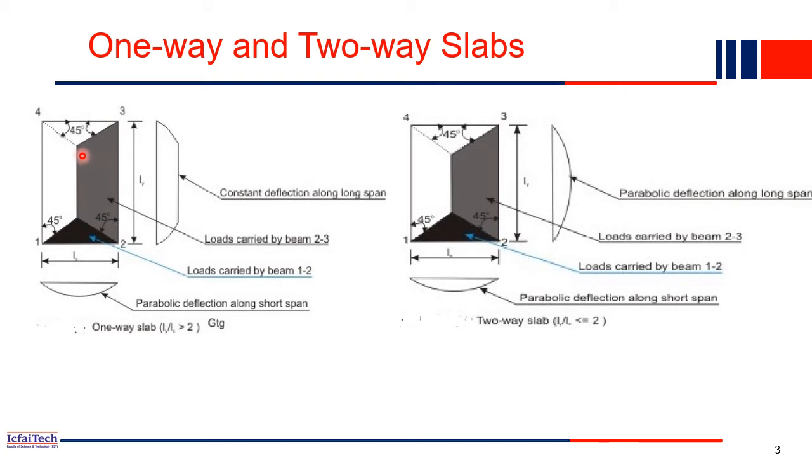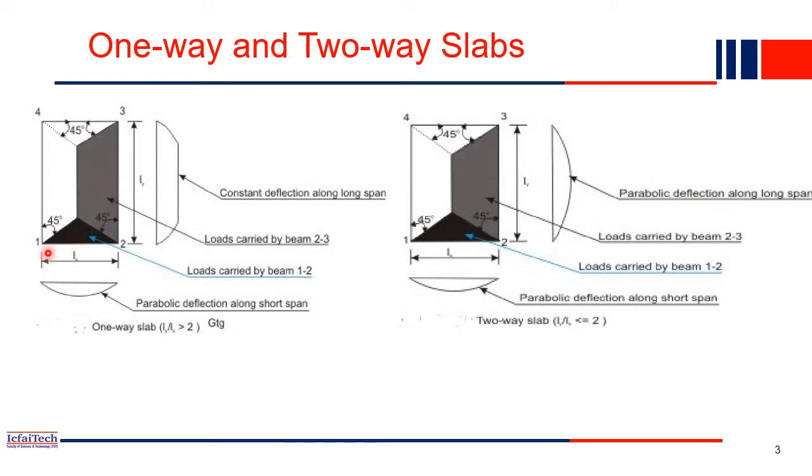When the load is applied here, basically what happens? The slab will deform, right? Slab deformation will take place. So now it has two directions, right? X-axis and Y-axis. Now you understand that in the shorter direction beam, only the triangular portion load is coming, whereas along the longer edge of the slab, the trapezoidal portion load will be coming.